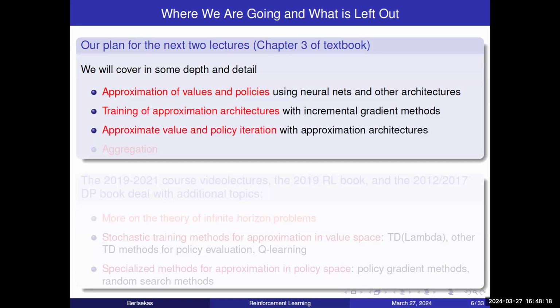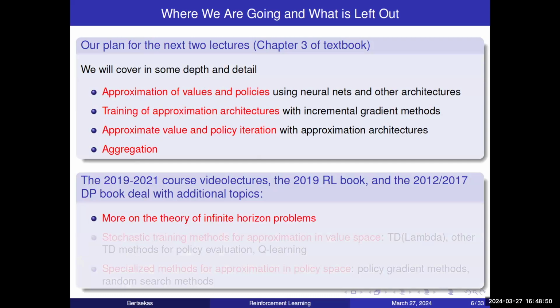And after that, we're going to talk about approximate value and policy iterations with approximation architectures, as well as aggregation methods, which is also a broad class of methods and have sound theoretical guarantees. And in this core lecture, I'm going to talk about the first two ideas. The remaining two ideas will be covered in the next lecture by James.